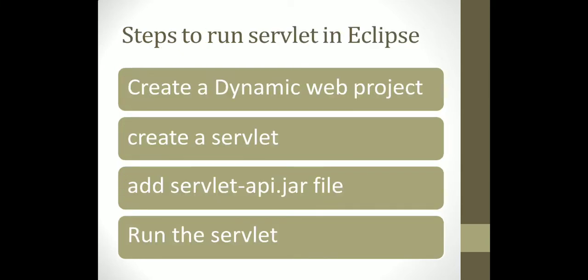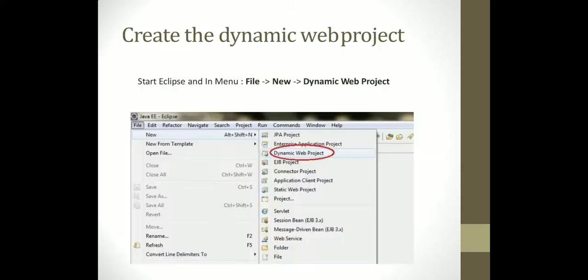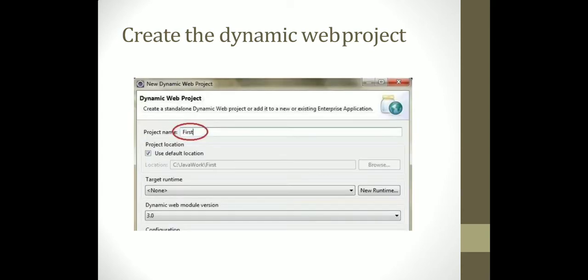So for running that servlet in Eclipse, you need to create a dynamic web project, then create a servlet, add servlet-api.jar and run that servlet file. For creating a dynamic web project, you need to go into the File menu, New, and Dynamic Web Project.